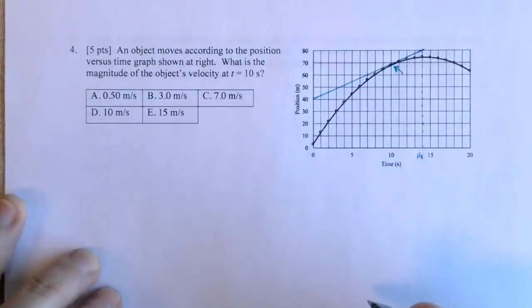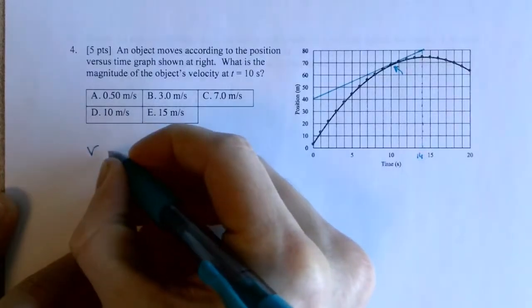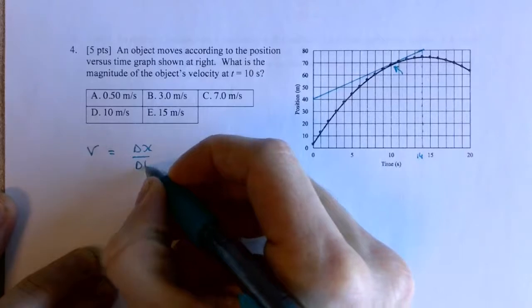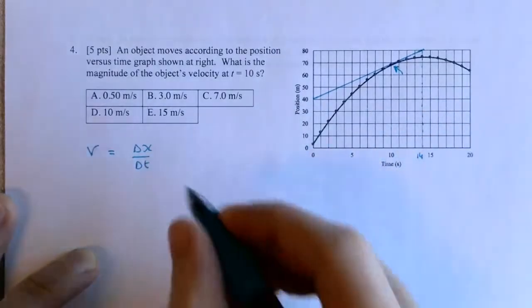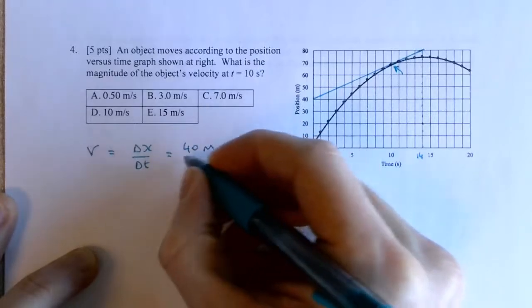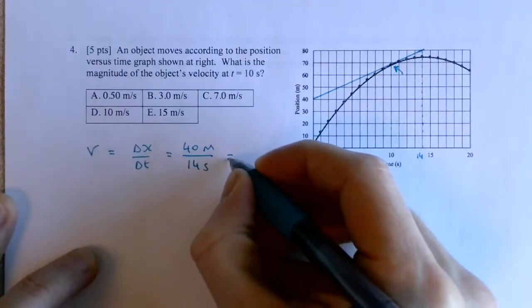So let's see which of these answers this is closest to. The velocity by definition is delta x over delta t, the slope of this line. So the rise looks to be 40 meters. The base looks to be 14 seconds.